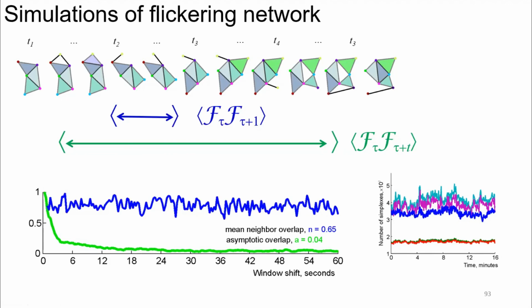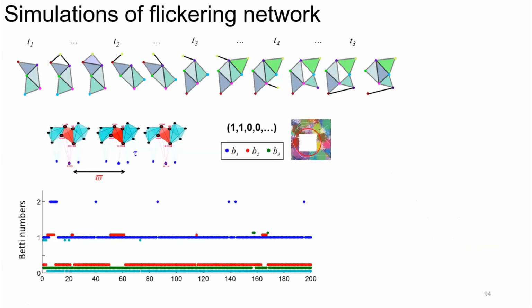But if you look at similarity over a larger period of time, any similarity measure would come up with a value that decays very rapidly. So the simplicial complex at the moment T1 has very little in common with the simplicial complex after a minute, for example.